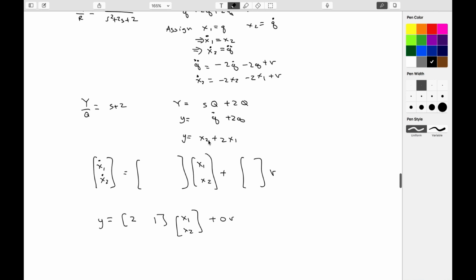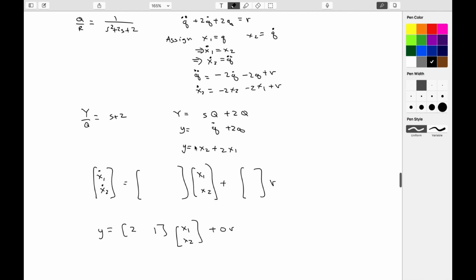And then let's remember the x1 and x2 dot equations. So x1 dot is equal to 0x1 plus 1x2 plus 0r.